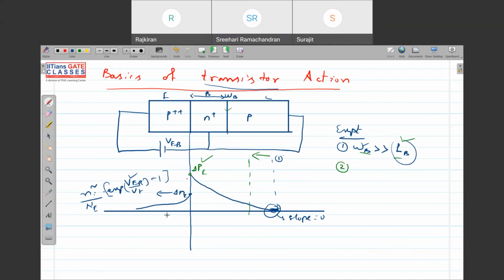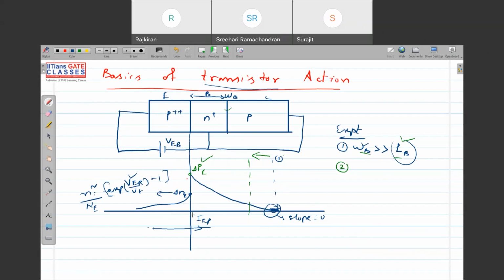If you want to show the flow diagram, see, the holes have been injected from emitter to base, creating a current that is called IEP. Surajit, clear?